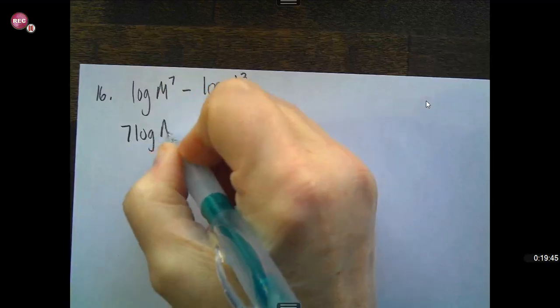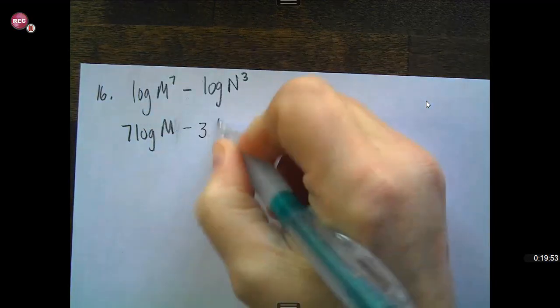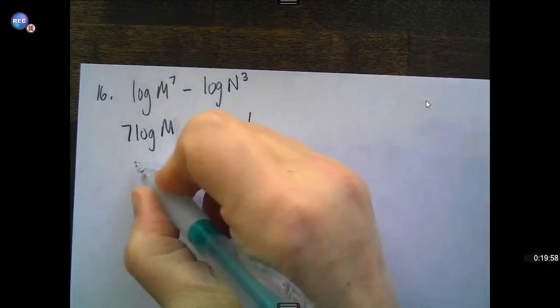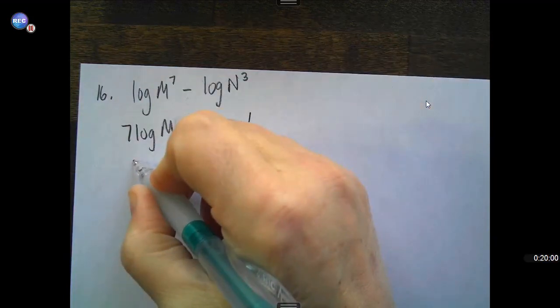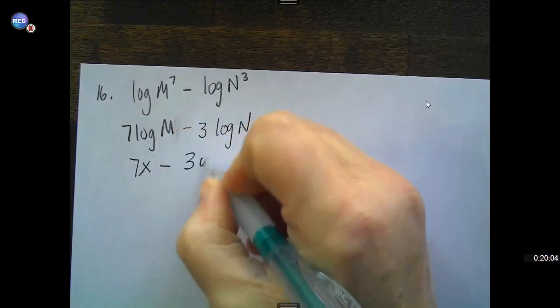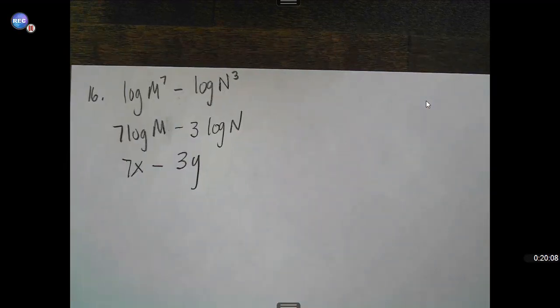So make this 7 log m minus 3 log n. And the log of m is x, and the log of n is y. So we're looking for 7x minus 3y on that one.